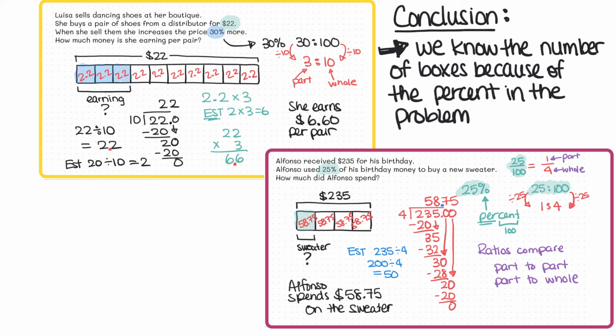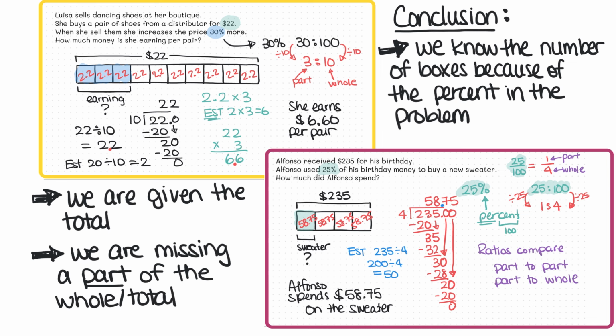Another similarity I want you to notice that we're given the total amount of the entire picture. So here this one says 235, and this one said all of it was 22. And the other thing I wanted you to notice that the question mark, the thing that we don't know, is a part. So notice it's only some of the entire thing. So that's why this one is called finding the percentage of an amount.